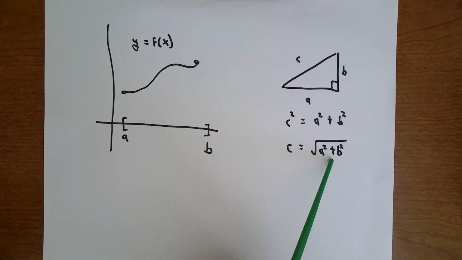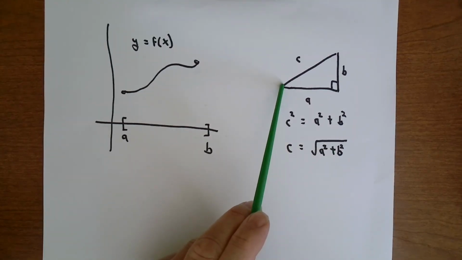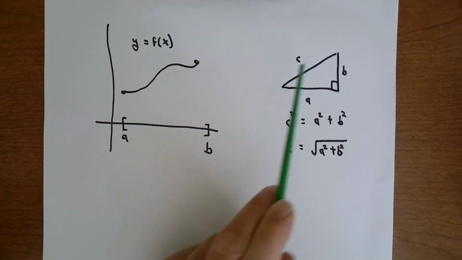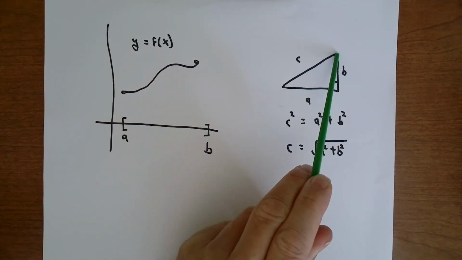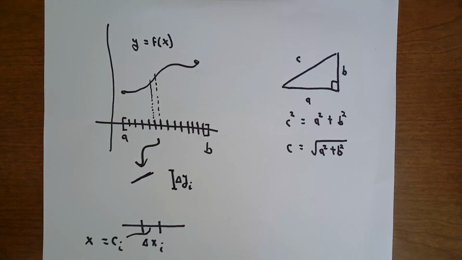On the other hand, this number, c, is the distance from this point to that point. So, as you'd expect, the Pythagorean theorem is going to figure into distance calculations.